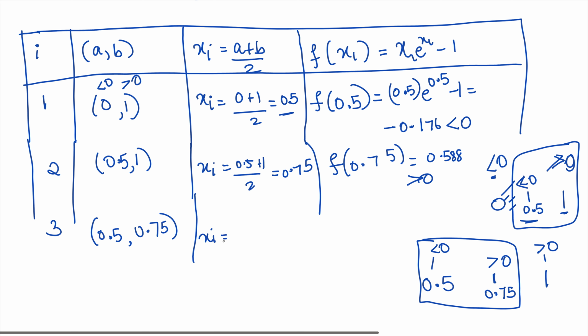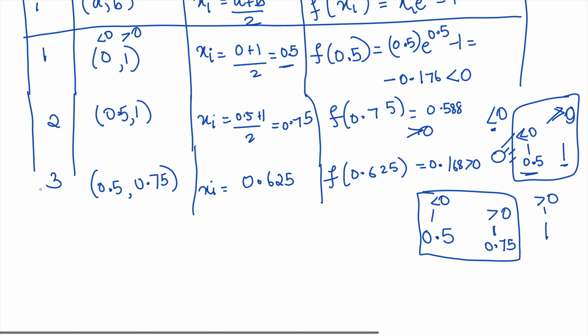Now what is xi? 0.5 plus 0.75 divided by 2, which is nothing but 0.625. Now what is f of 0.625? 0.625 is 0.168, which is again greater than 0.